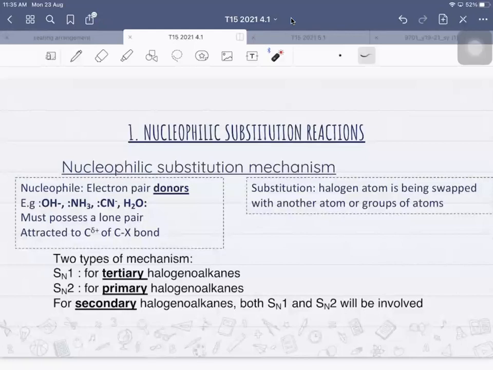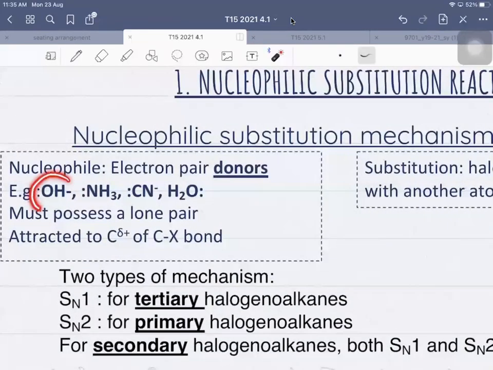Okay, so some examples of a nucleophile here are the hydroxide ion, OH minus ion. There's a lone pair on the oxygen, so it can act as a nucleophile. Ammonia, even though it's not charged, has a lone pair on nitrogen. CN is called a cyanide ion.